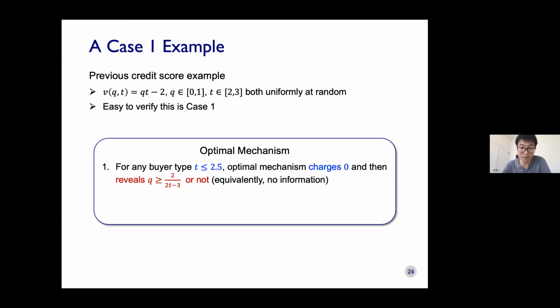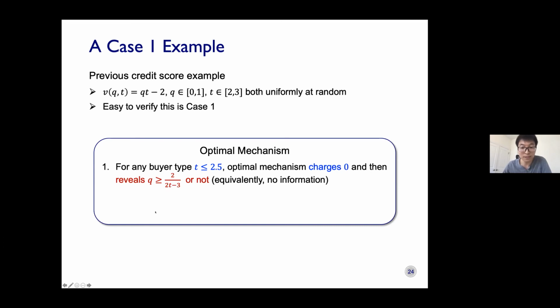The mechanism is the following. For any buyer type T that is at most 2.5, which is the middle point of the type interval, the optimal mechanism is going to charge 0 for this buyer, and then reveal whether Q is greater or equal to this threshold or not.